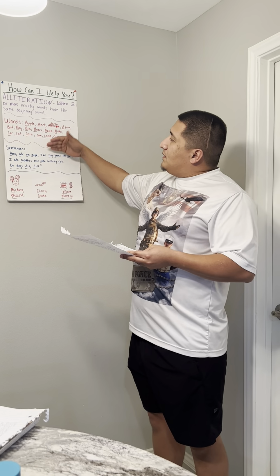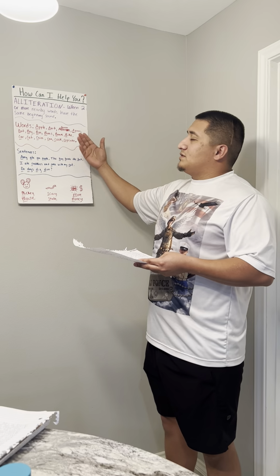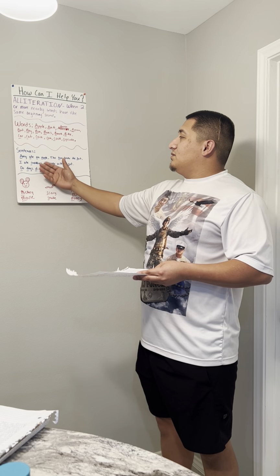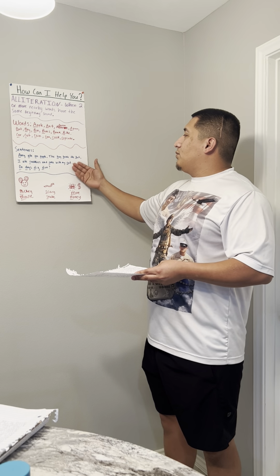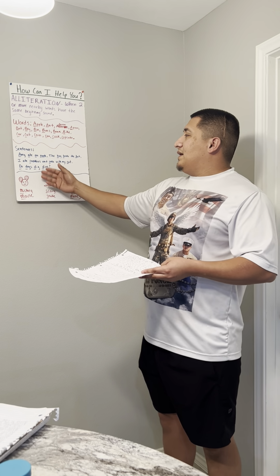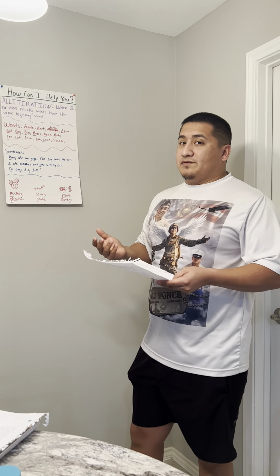And then the next step would be an example of sentences, how you could put those words into sentences. Such as Amy ate an apple. The boy broke the bat. I ate cookies and cake with my cat. Those are simple words that you can put into sentences that involve alliteration.